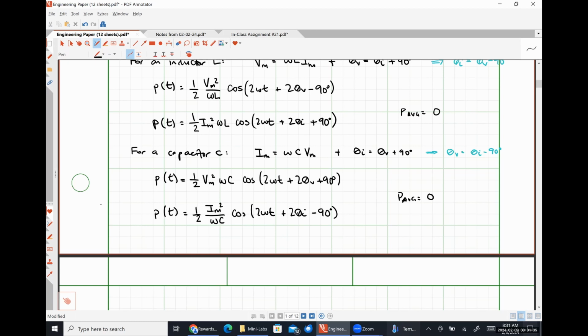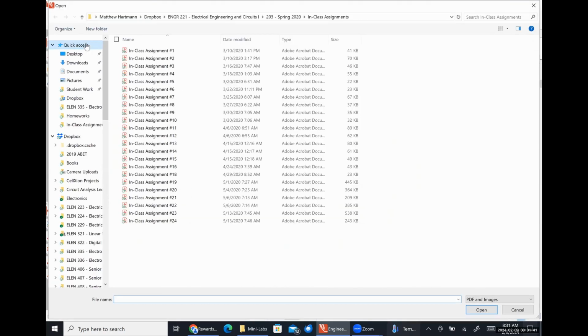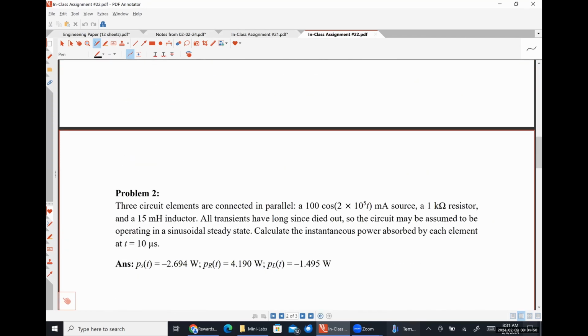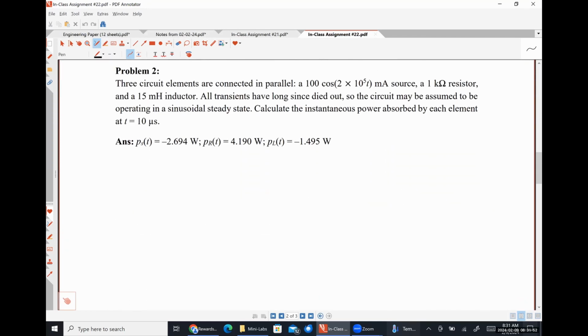So let's take a look at our in-class assignment for today, which, by the way, happens to be one of your web work problems, done very intentionally. So we are told that there are 3 circuit elements that are connected in parallel: a current source, a resistor, and a 15 millihenry inductor.